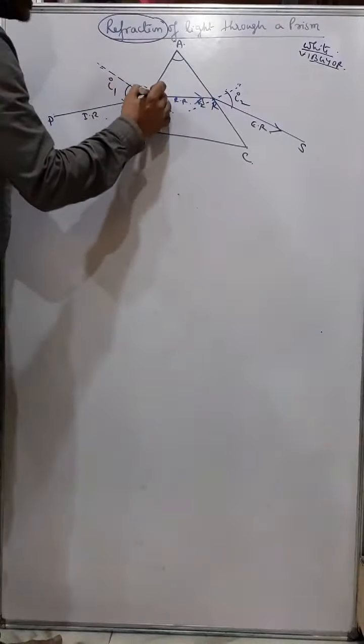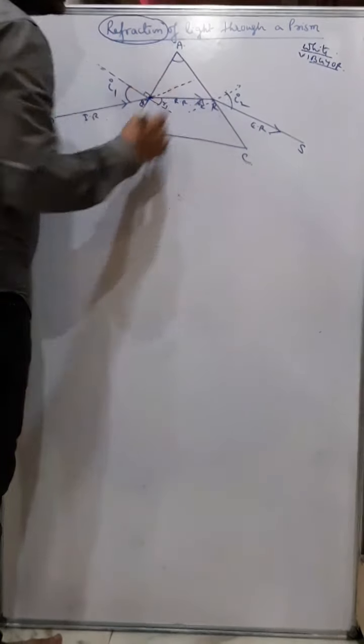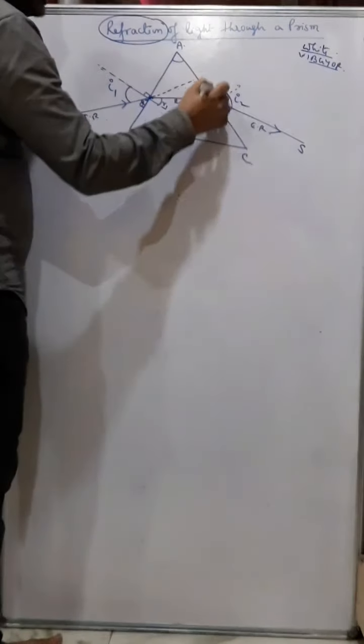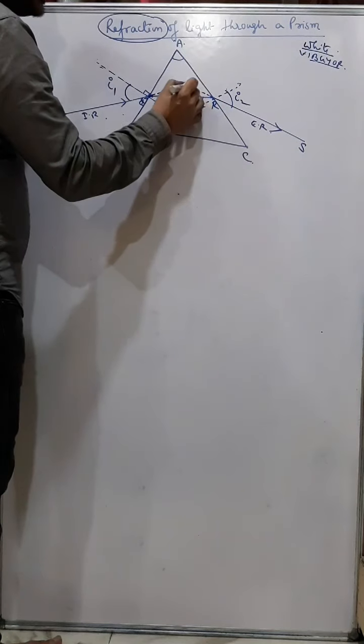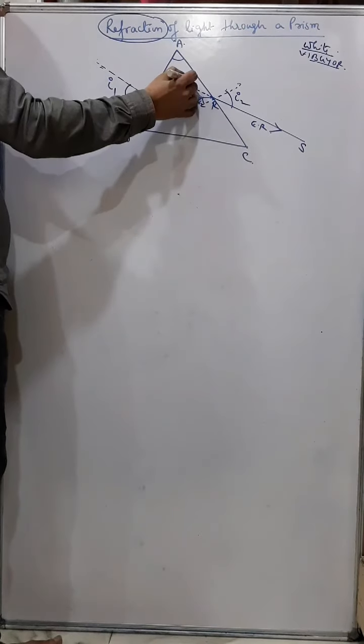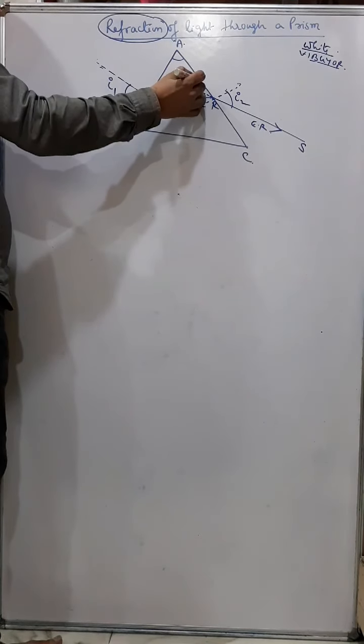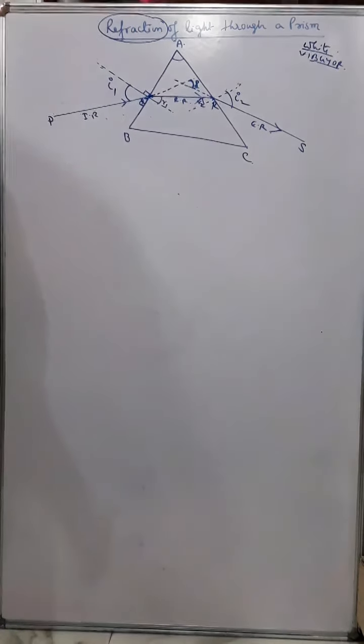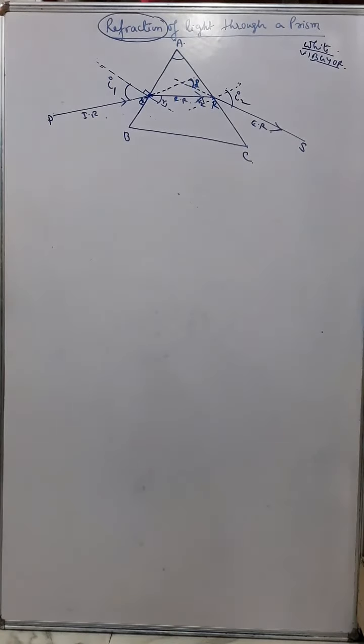So I extend the incident ray forward and the emergent ray backward, I get this angle, and this angle is delta. So this is the angle of deviation. Okay, understand. Now there is a relation.